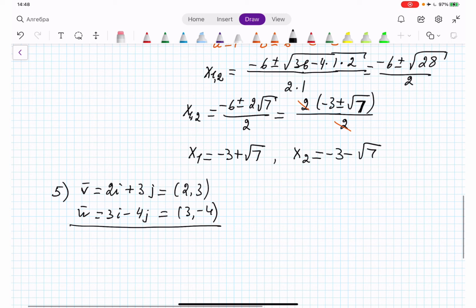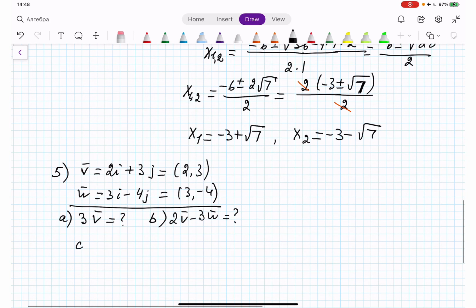So we have question A, we need to find 3v. Question B, we need to find 2v minus 3w. And we need to find the magnitude of vector v.